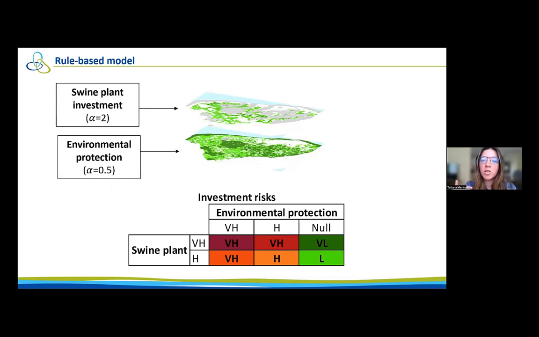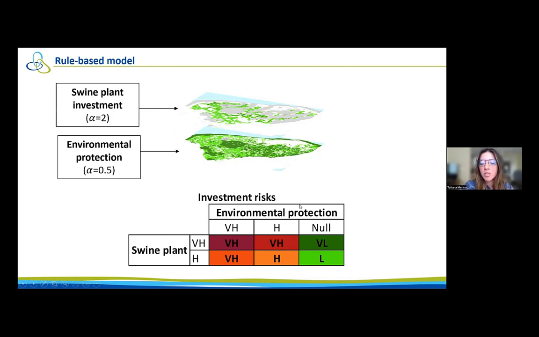So we then merged those maps using a rule-based model with the following rules. If the environmental protection suitability was very high, then the investment risks were very high and high suitability for swine plant.